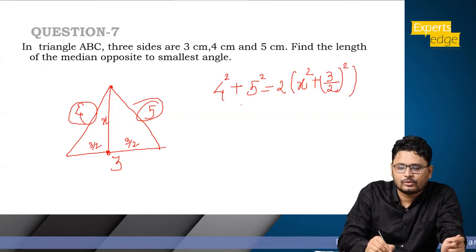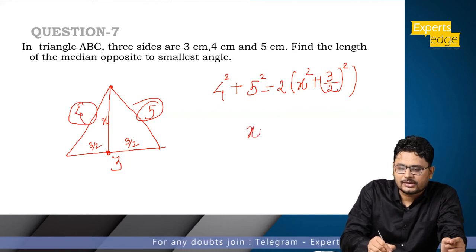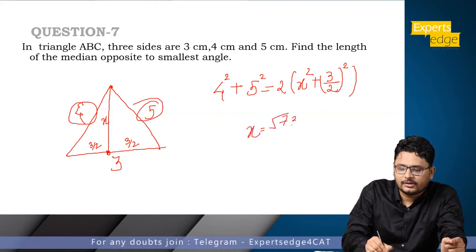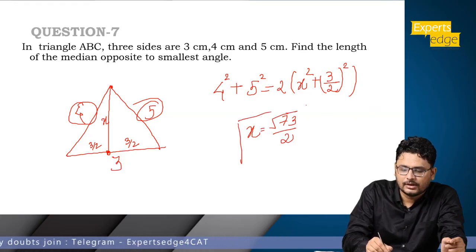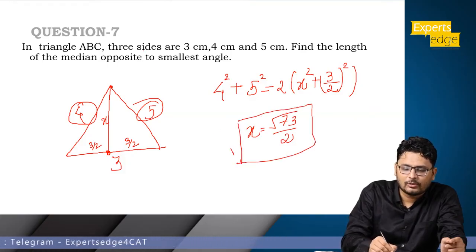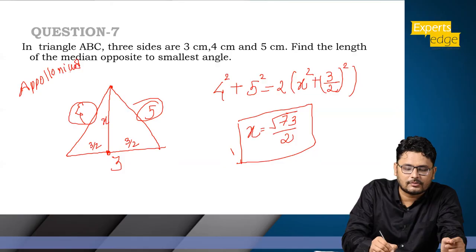Right. So if you solve this, this comes out to be 16 plus 25, 41. On solving, the x comes out to be root 73/2. Okay, so just solve that part. But please remember that Apollonius theorem, it is very important. It's a direct application of Apollonius theorem.